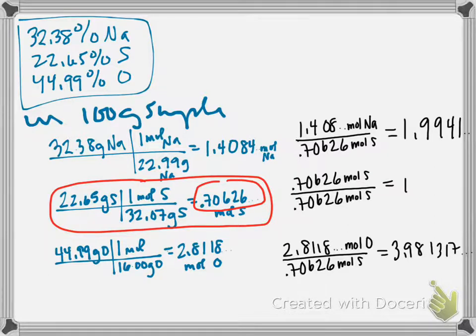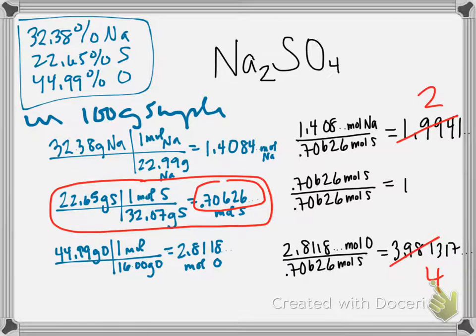So I would say that the empirical formula for this stuff, and looking at it this is probably an ionic compound. We can use this for ionic compounds or molecular compounds. We're just finding the empirical formula. If it's ionic, it's going to be the actual formula. So it looks like I have, and I'm going to write these in yet another color, 2 to 1 to 4. If I wrote this with subscripts, I would write sodium 2, sulfur is a 1, oxygen is a 4.